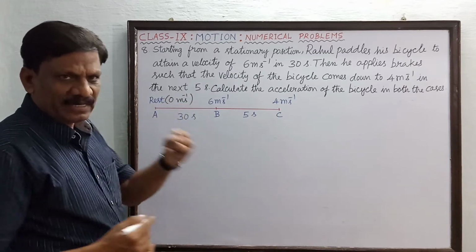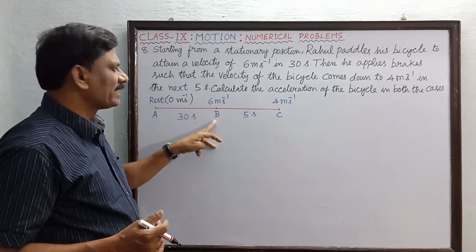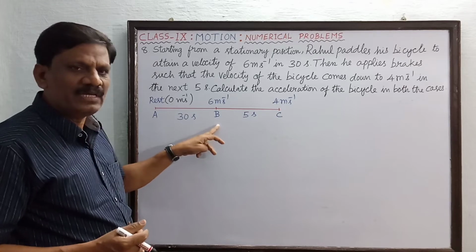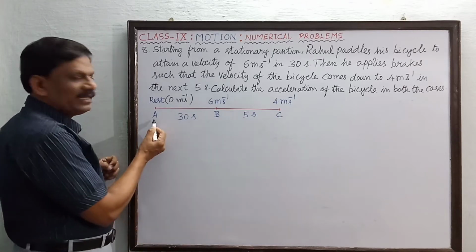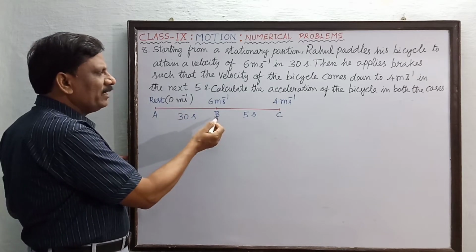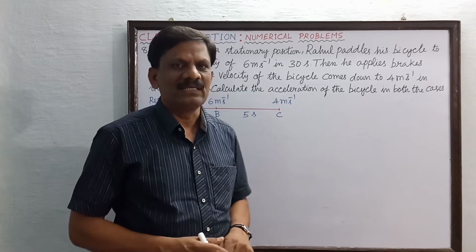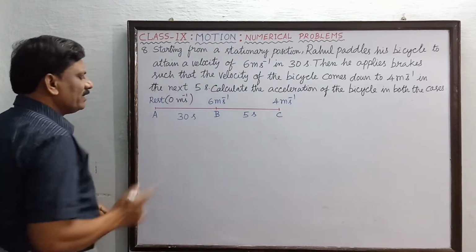And then he is pedaling his cycle to attain a velocity of 6 meters per second to reach the point B. So he starts from A with 0 velocity. He reaches B with a final velocity of 6 meters per second, and the time taken is 30 seconds.